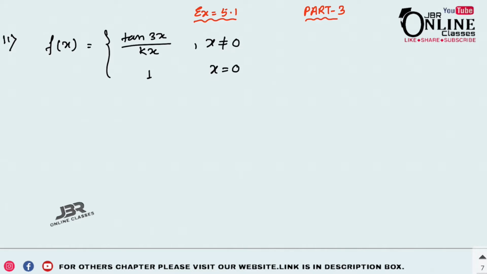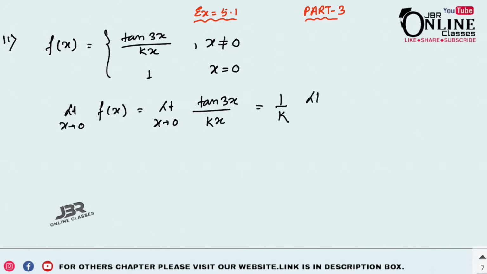As here, limit x tends to 0, f(x) equals limit x tends to 0, tan 3x by kx. Now 1 by k is the constant part, so 1 by k limit x tends to 0, this one here tan 3x.